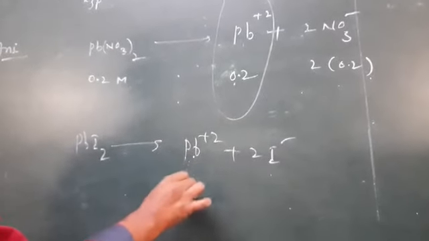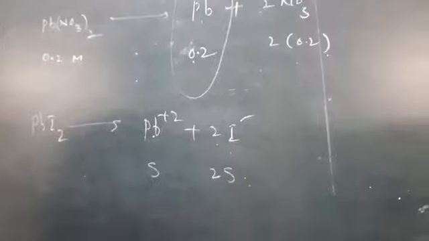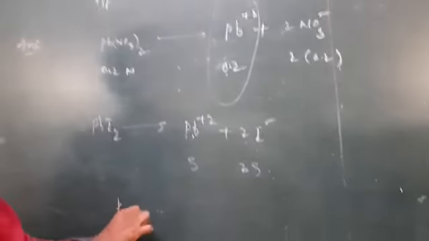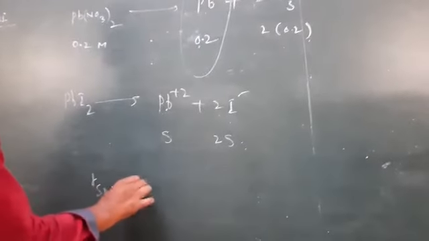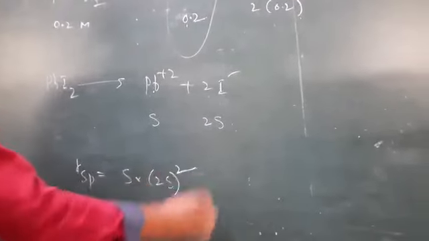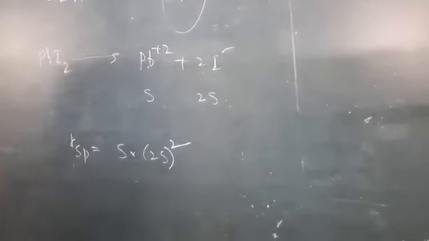If this term is S, this term is 2 times S. Now Ksp equal to S into 2S square.